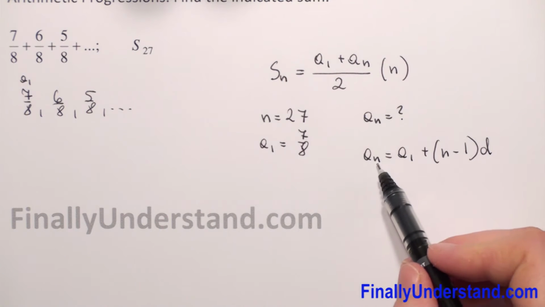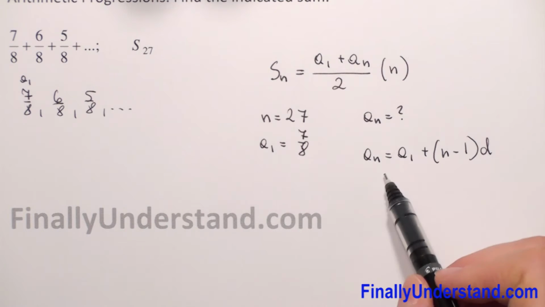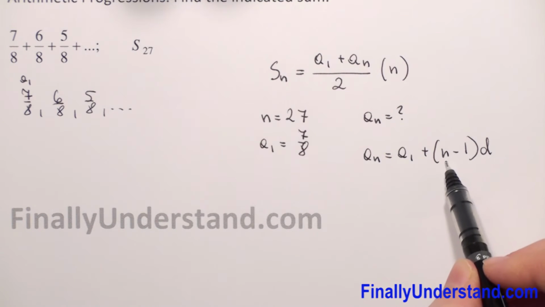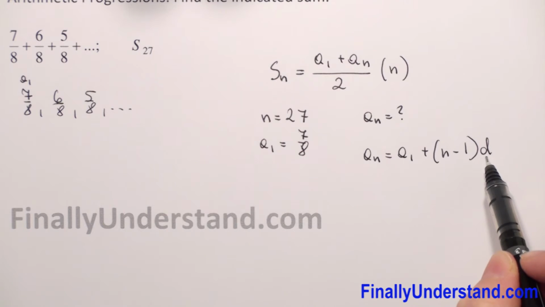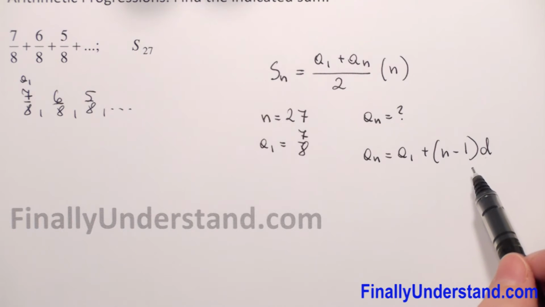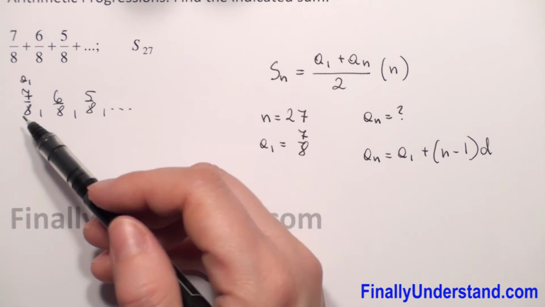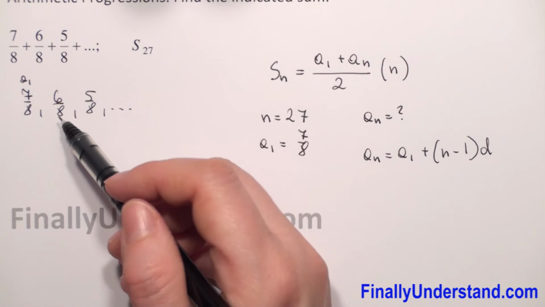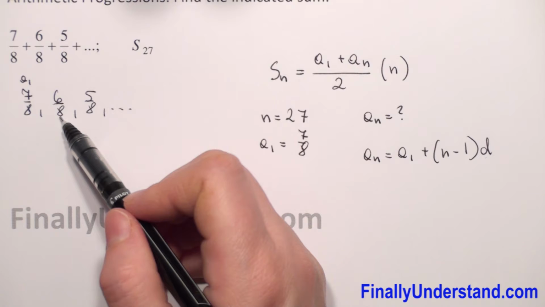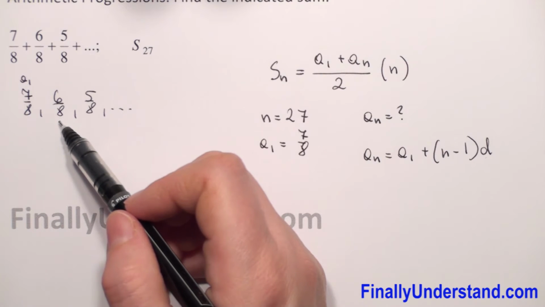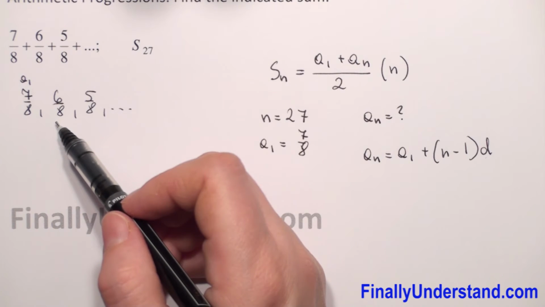We know that n is 27, a1 we have, and we need the constant d. What is d? When we have an arithmetic progression, the constant d is the number which we add to the first term to have the second. This is a constant number. So how will we find this?